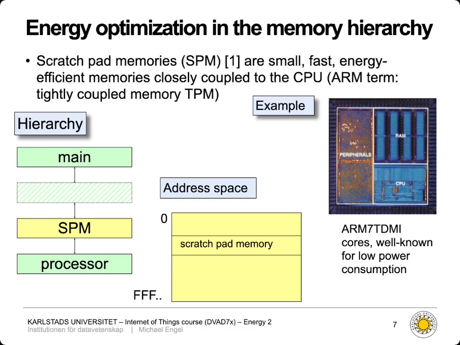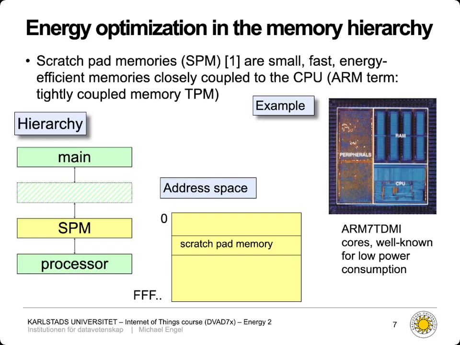So a scratchpad memory, as the name says, is a memory, but a very special one. It's a very small memory, it's very fast, but also, because it's small, it's energy efficient. And it's closely coupled to the CPU, so very often it's on the same chip as the CPU, which makes it quite a bit faster to access than RAM, which is external to the CPU.